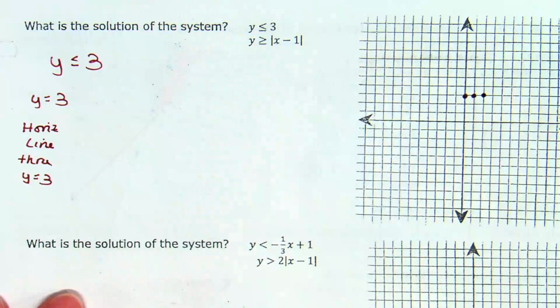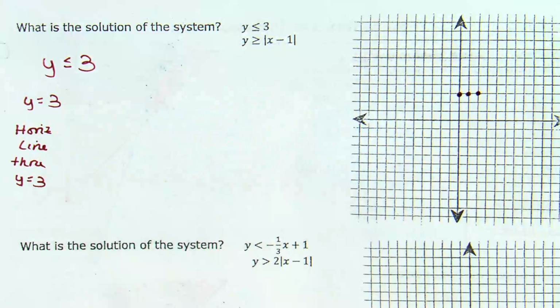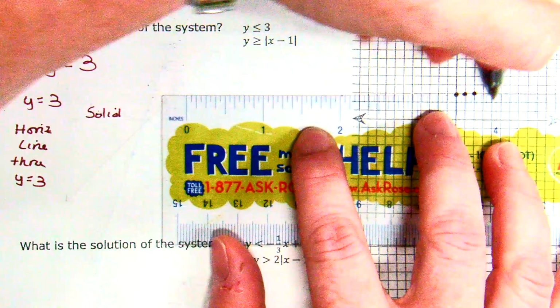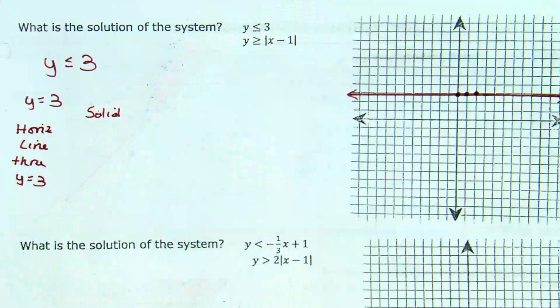What type of horizontal line am I drawing? Okay. It's equal to. So again, it's a solid line. Above or below?